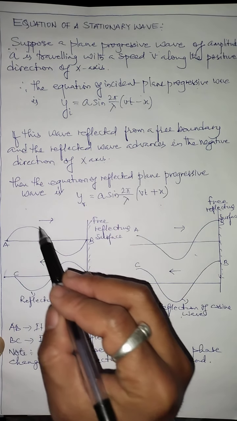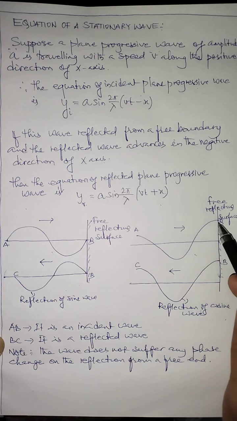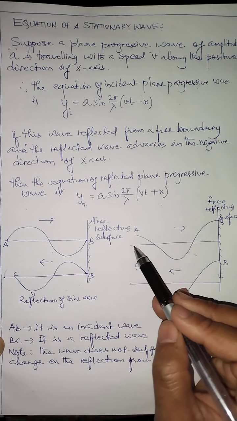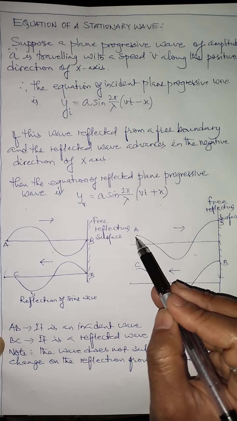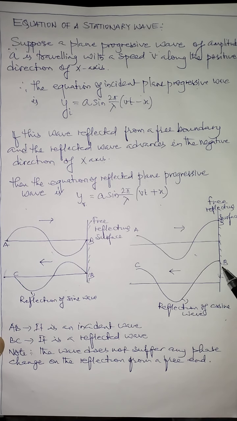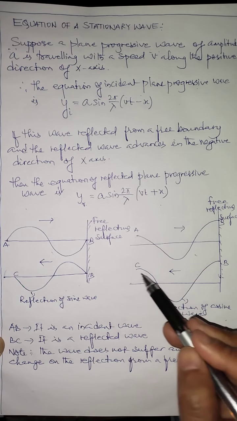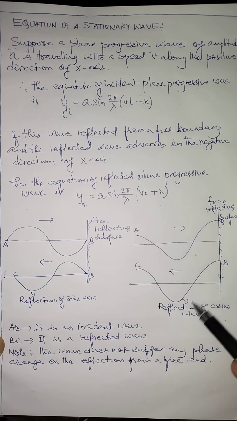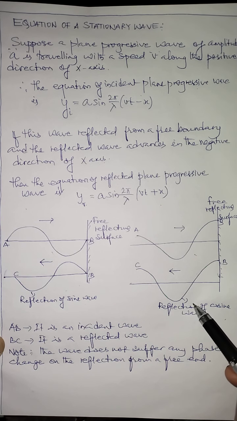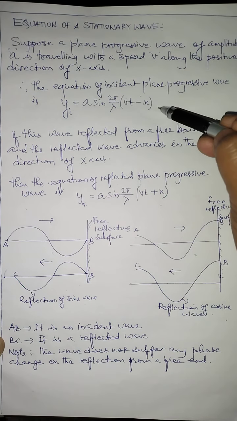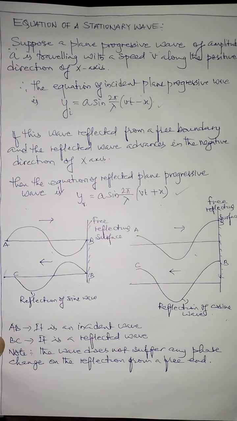If the sine wave advances in this way, the cosine wave advances in this way, and it is reflected in the same manner. That means this is also a diagram of the reflection of a cosine wave. But children, we deal only with the sine wave.